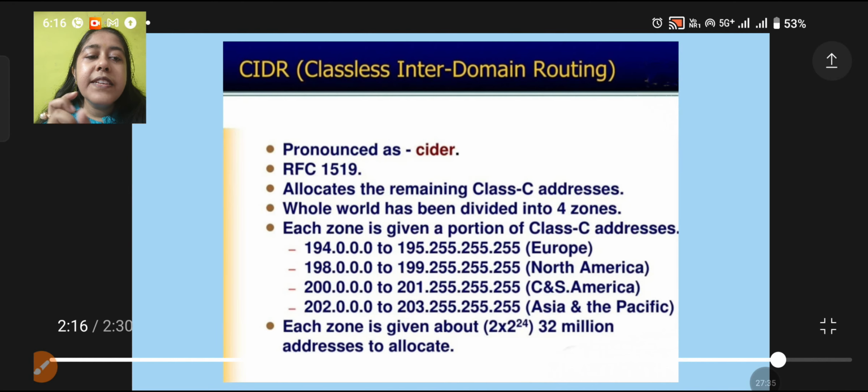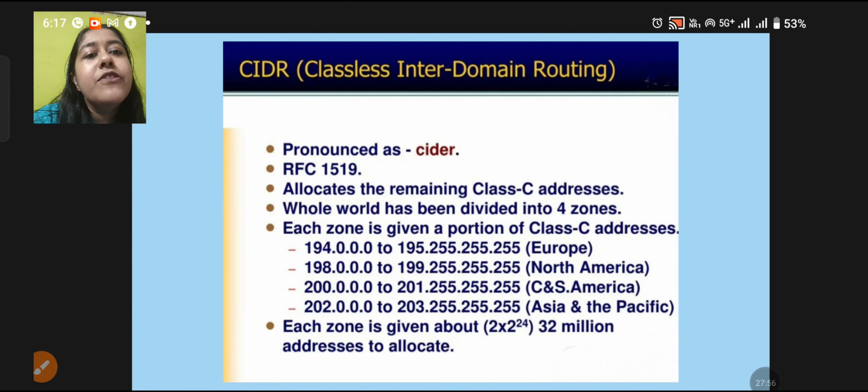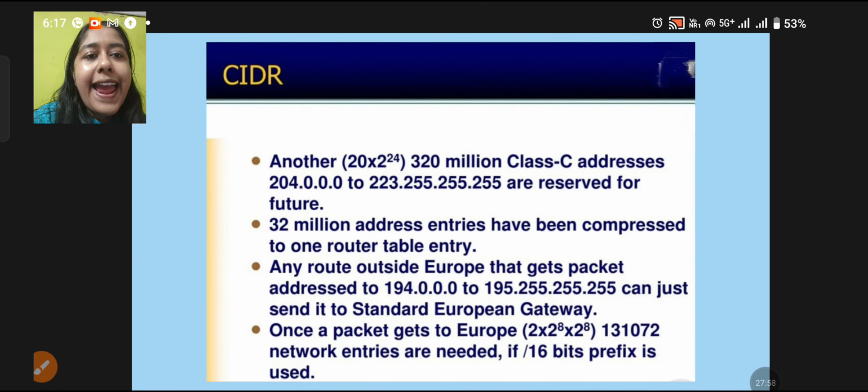And each zone is given about 2 to the power 24, that is 32 million addresses to allocate. This is only for class C addresses, so this is the range which is maintained for these particular regions, right? So here you can know which region uses which range of addresses.